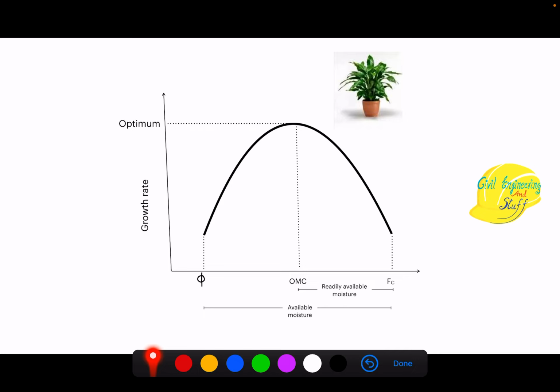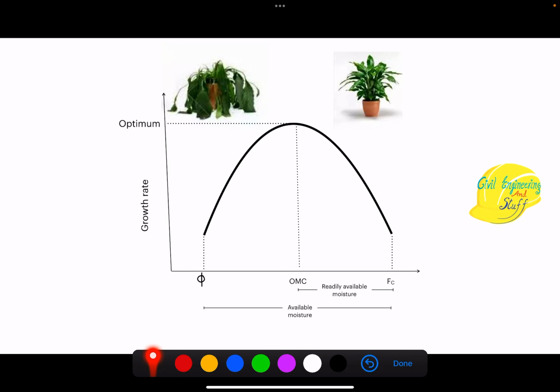If the water content goes below the optimum moisture content and above the permanent wilting point, right? If you are in this zone, that is, the moisture content has gone below the optimum moisture content, but it is above the permanent wilting point, the plant will start to wither out.